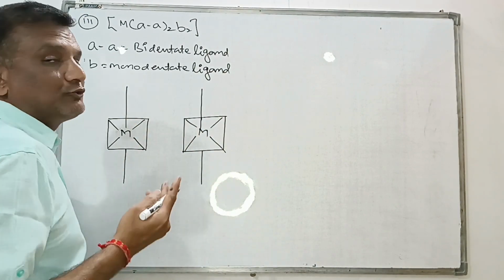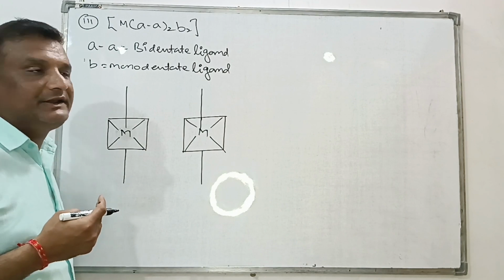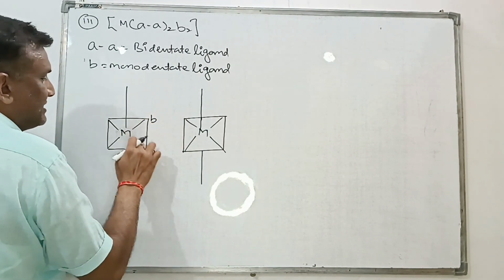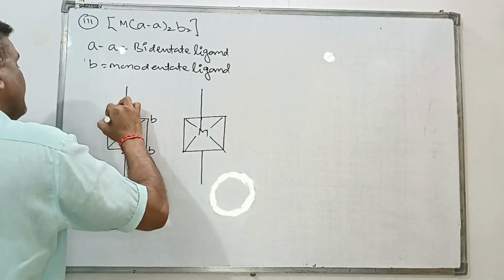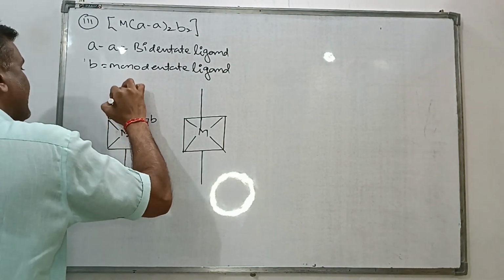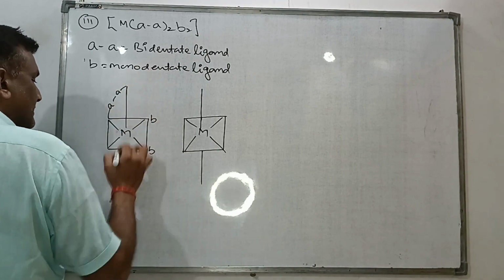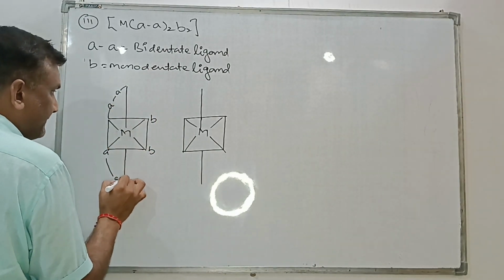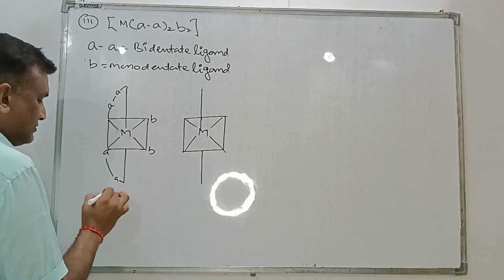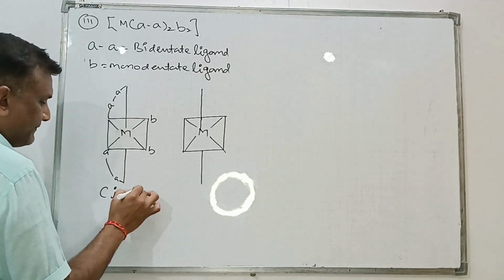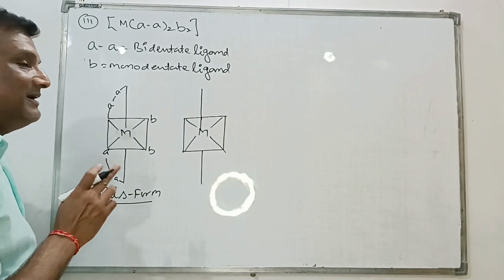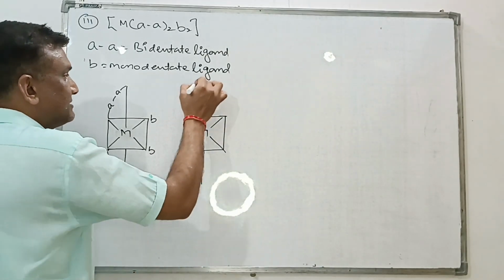We have to keep the two same ligands with the angle of 90 degrees. Then we can keep them over here, BB. This is the 90. One of the bidentate ligands with the 90, A bond A. This is the another ligand with the angle of 90, A bond A. This is your cis form. This is your cis form. And it will keep them at the angle of 180 degrees like this.